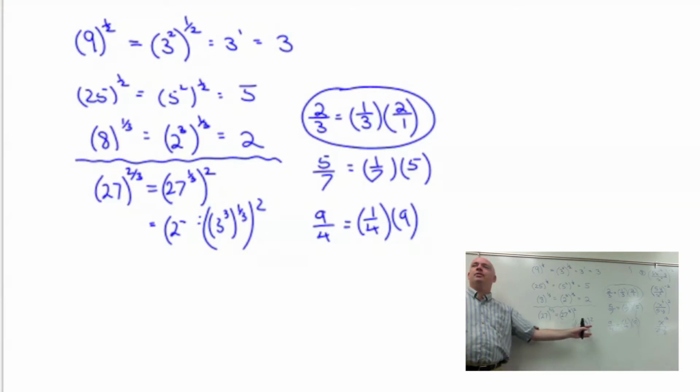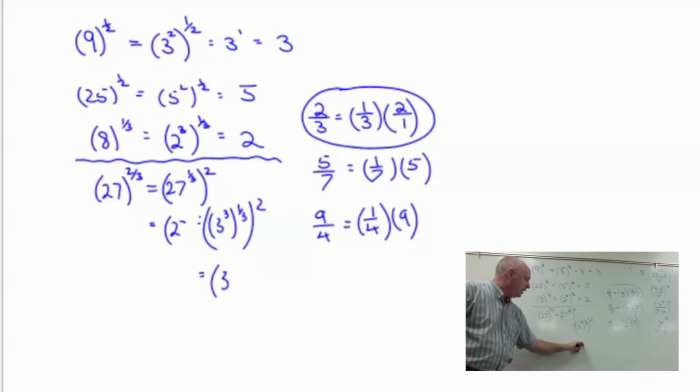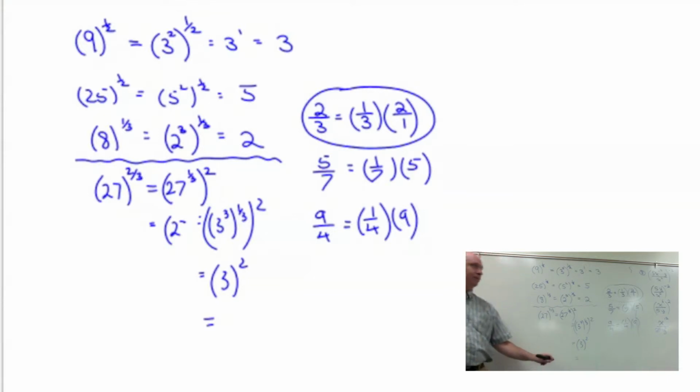Guess what happens to those two powers? They cancel. So you get 3 on the inside, and 3 on the inside with a 2 on the outside means this is equal to 9. So 27 raised to the 2/3 power is 9. Oh, we need to do more of those. I can see it already.